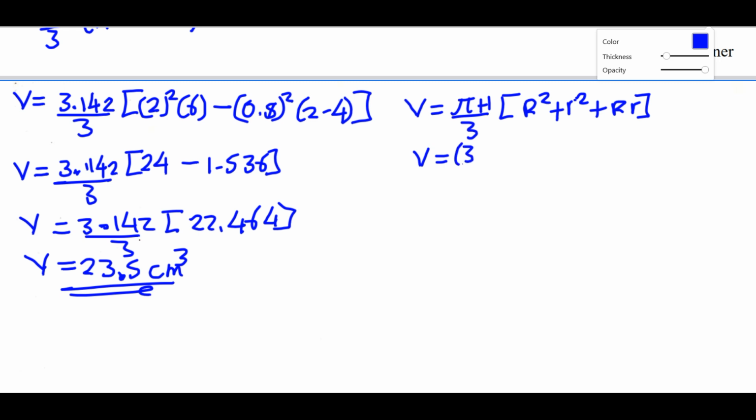So pi is 3.142, and the height of the frustum is now 3.6, over 3. So what is our R? It is 2 squared plus 0.8 squared plus 2 times 0.8.